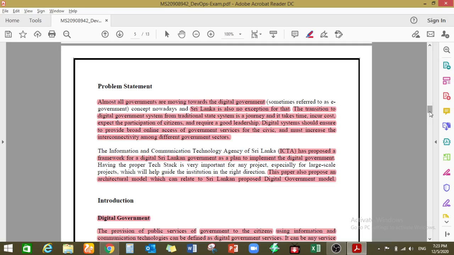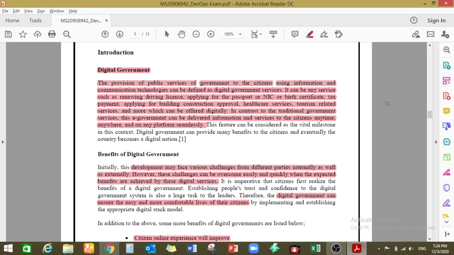ICTA, the Information and Communication Technology Agency of Sri Lanka, proposed a framework for digital Sri Lanka, and this paper also proposes a system or architectural model which is similar to the ICTA model, but there exist some significant differences which I will explain in detail later. This is more of an introduction about digital government and its benefits.